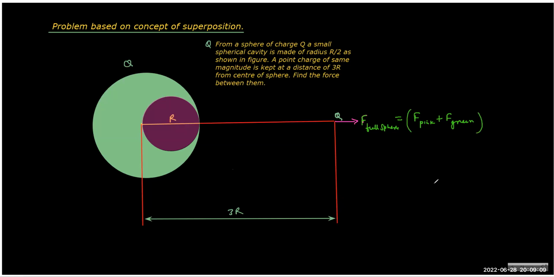Can I write it like this? Because they have the same direction. So the full sphere will have the force due to the pink part and the green part, assuming pink is also present. Nothing is removed. Okay, so F due to the green part is how much?